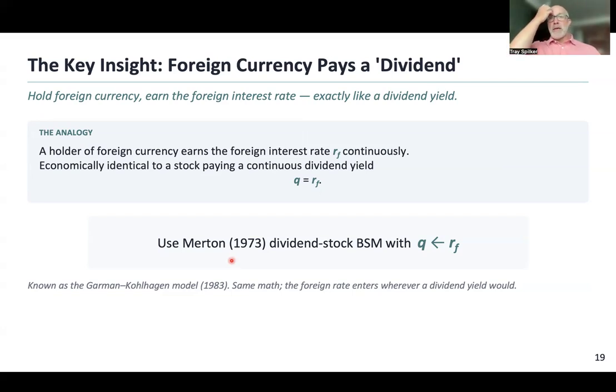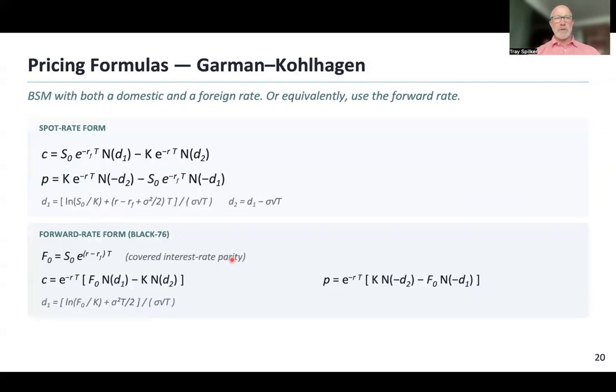And so the whole series of formulas, the Garman-Kohlhagen framework, is essentially just this substitution, which is what you see here. We're basically just replacing Q from that Merton formula with RF in the exponential.